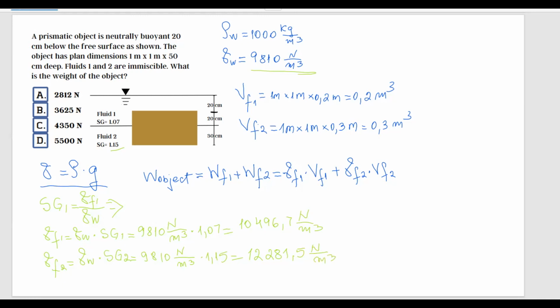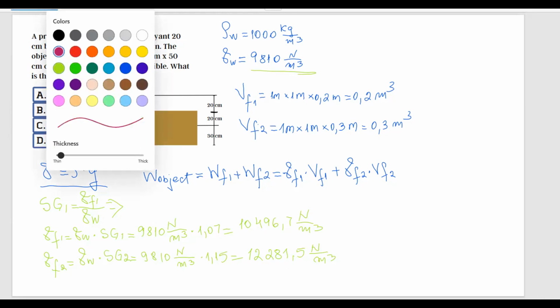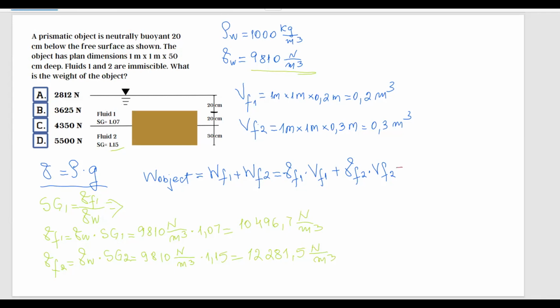Now that we have these two components, we can come back here to our initial equation and substitute to find out the weight of the object. This equals unit weight of fluid 1, which is 10,496.7 newtons over meters cubed, multiplied by the volume of fluid 1, which is 0.2 meters cubed.